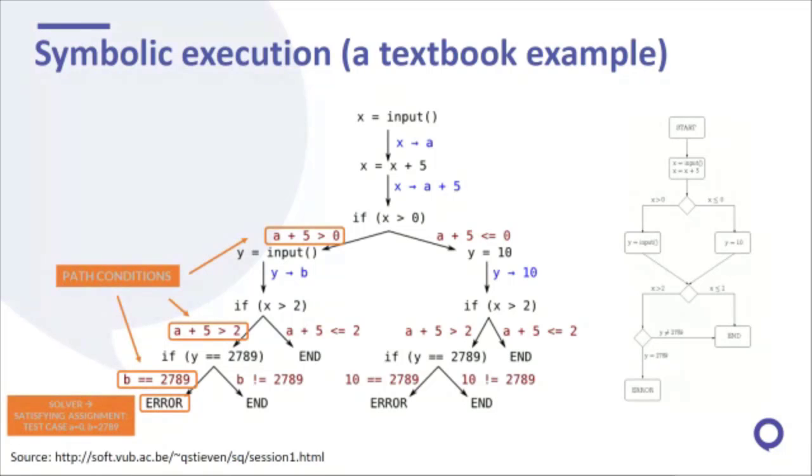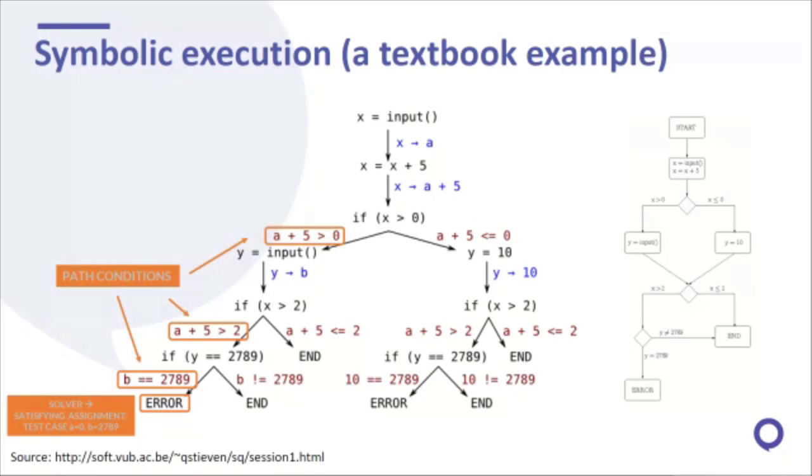For example, the first branch was a check if X is greater than 0. Now X is A plus 5 symbolically. So we remember that when we follow this branch, we have this constraint: A plus 5 is greater than 0.